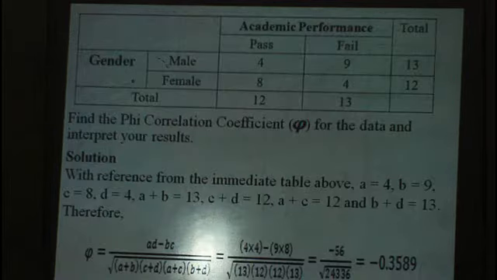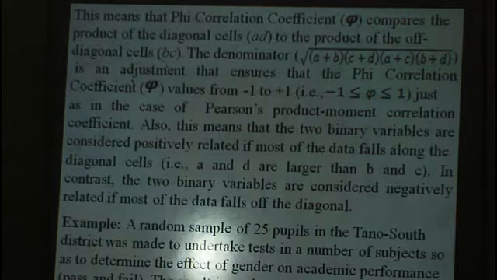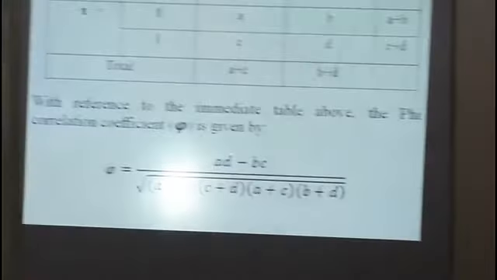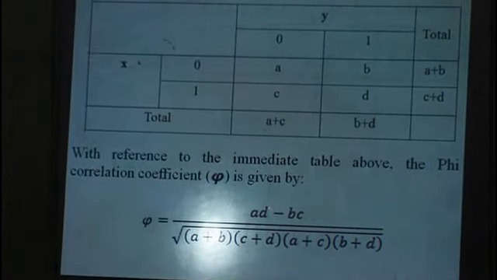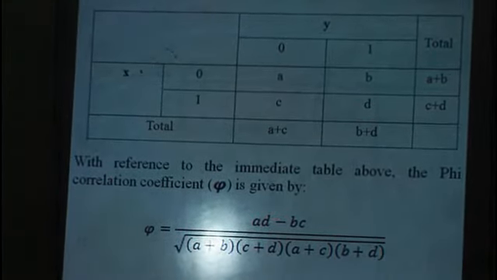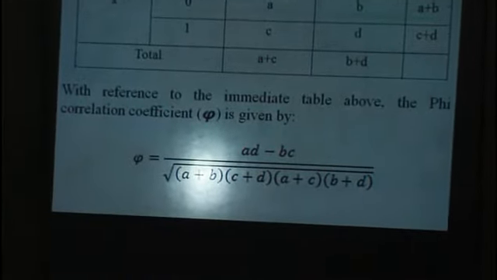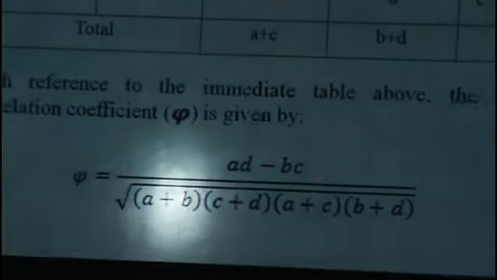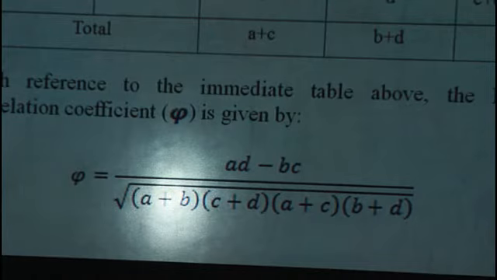Now the whole of this talks about what ends up in the lesson. If you look at the formula, you see that whenever AD is greater than BC, you end up getting a positive value.